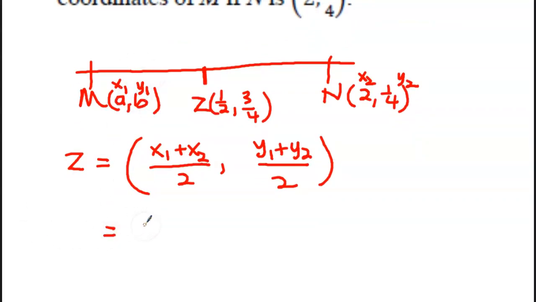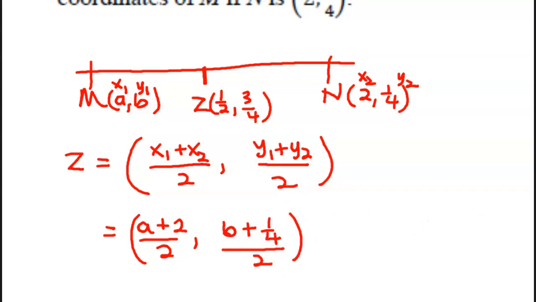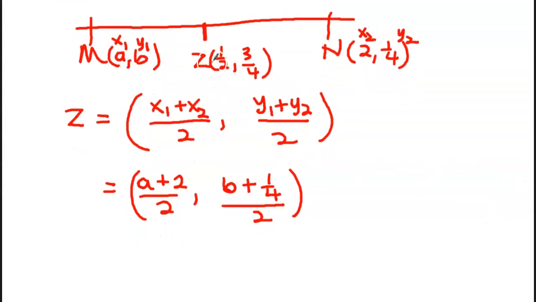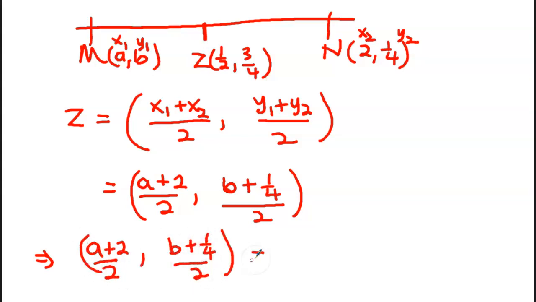X1 is A plus X2, 2, on 2. Then Y1 is B plus Y2, that is 1 on 4, on 2. So this is the midpoint. But then Z has been given to us as (1 on 2, 3 on 4). So this implies that (A plus 2 on 2, B plus 1 over 4 on 2) is equal to (1 on 2, 3 on 4).